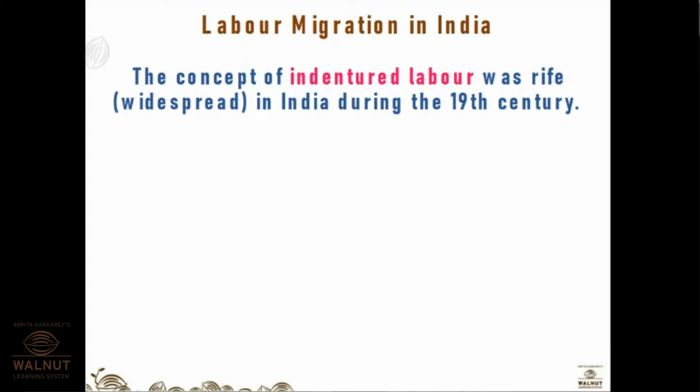Now, the concept of indentured labor was widespread in India during the 19th century. What is the difference between slave and servant? Slaves were bought and sold, whereas servants are hired for wages.